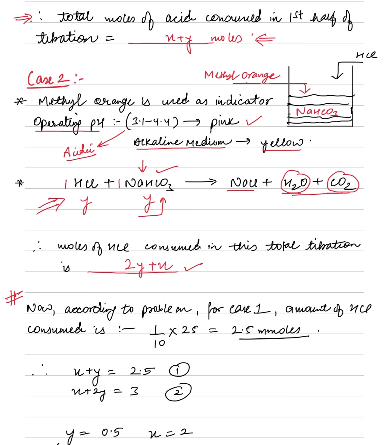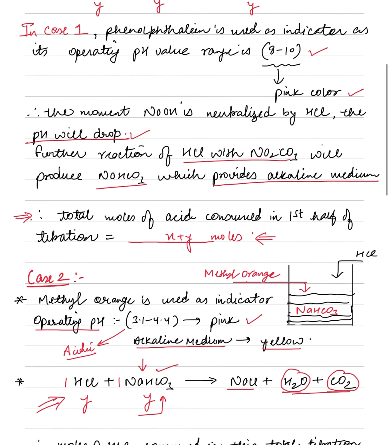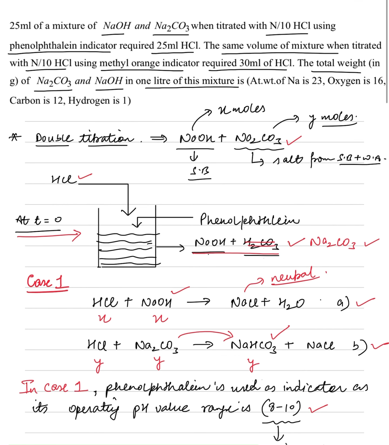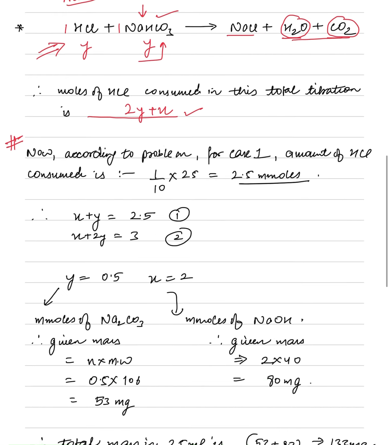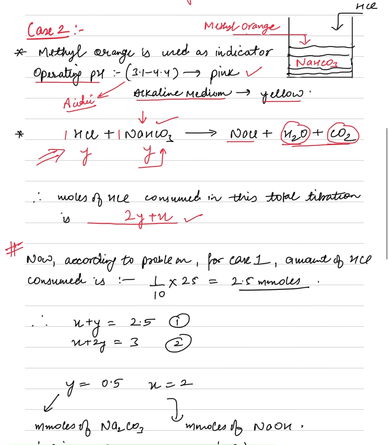Now in this problem we are given, for case 1, how much HCl is consumed. For case 1, if you see, n by 10 molar HCl is there, n by 10 normal HCl is there, and 25 ml of volume is there. So how many moles do we need to find? Number of moles will be 25 into 1 by 10, that is normality into volume into n factor.